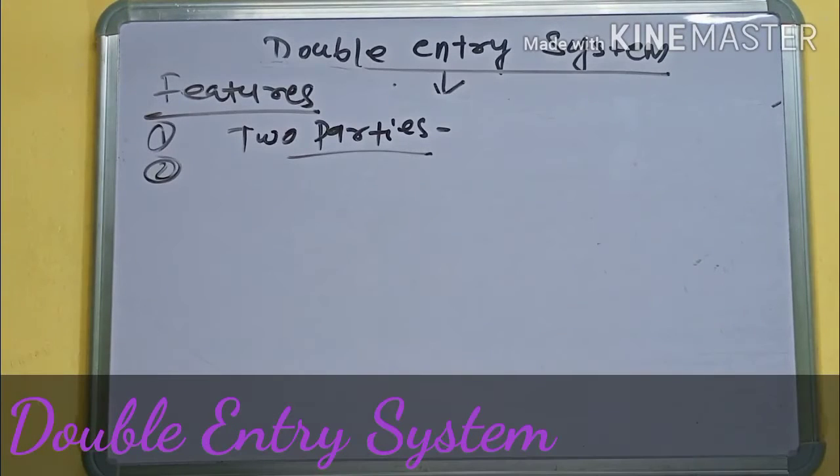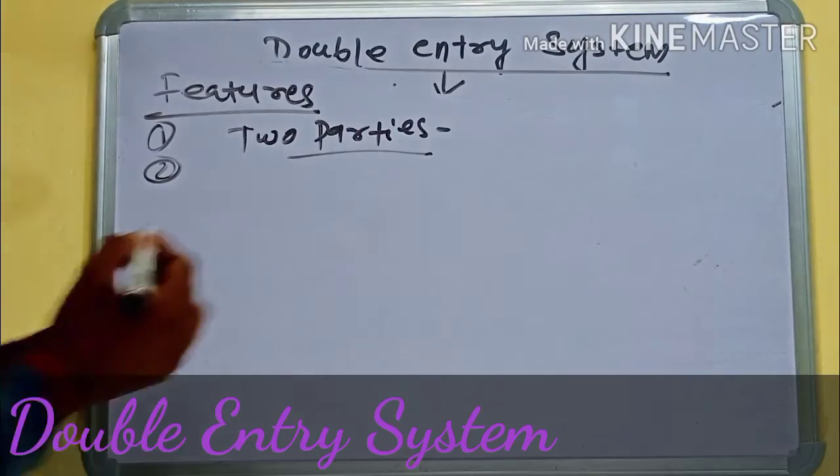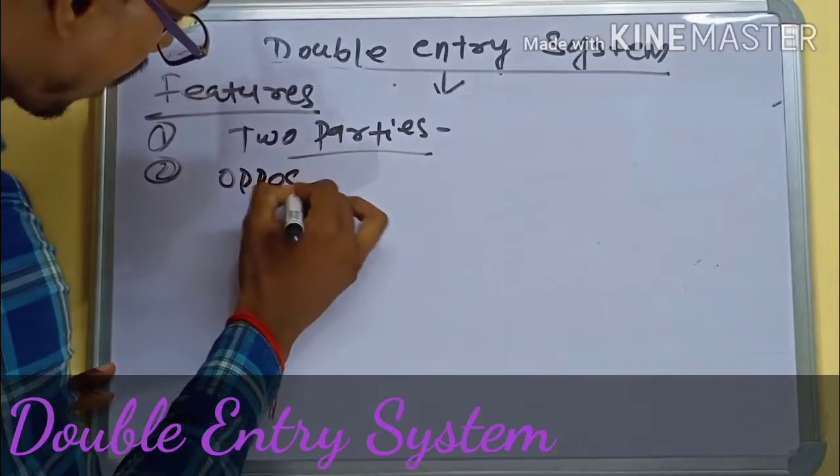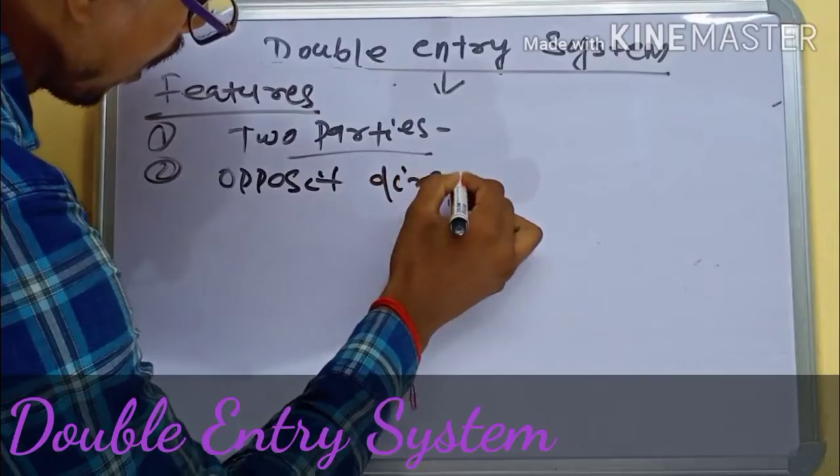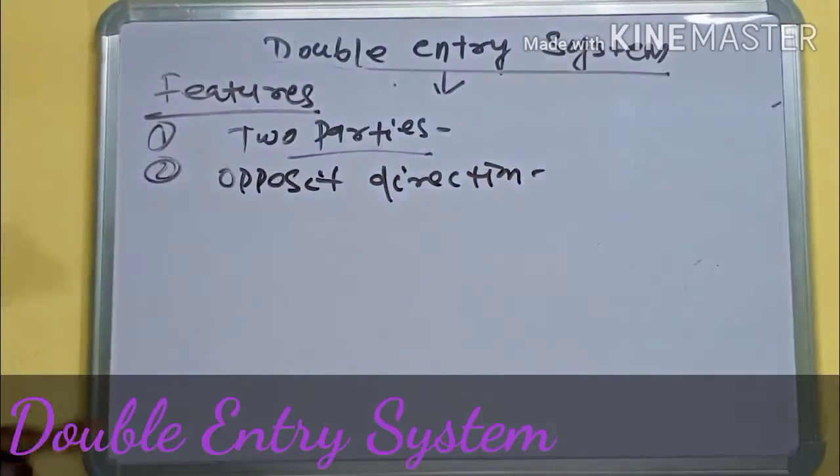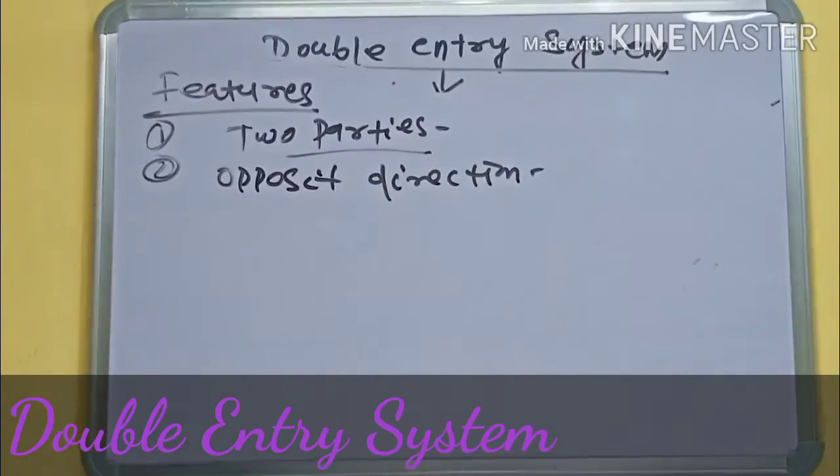Second feature, each party is affected in the opposite direction, but with the same amount.